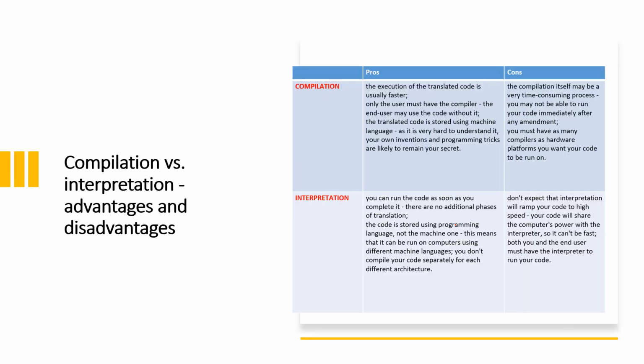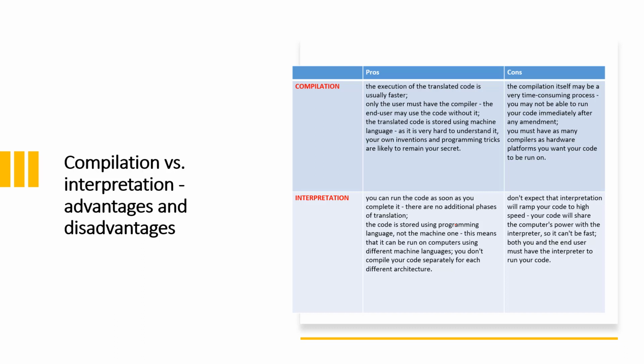There are advantages and disadvantages between compilation and interpretation that you can go through on this slide. The pros: execution of translated code is usually faster with compilation, and with interpretation you can run the code as soon as you complete it, with no additional phases for translation.